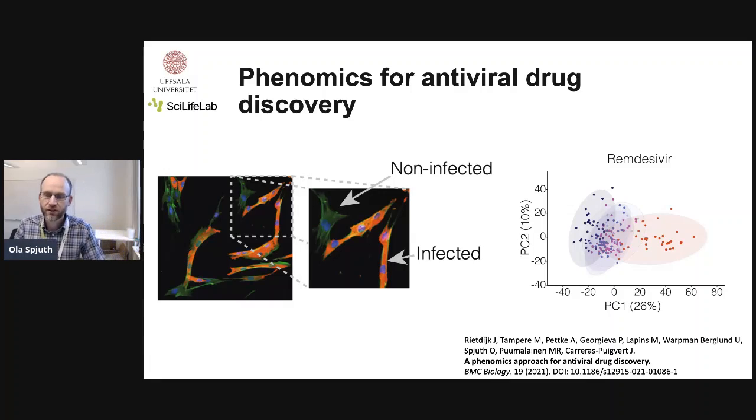And on the right-hand side, you can see an antiviral treatment, and that with this treatment you can drive the red dots, which are the untreated infected cells, towards the non-infected cells on the left.